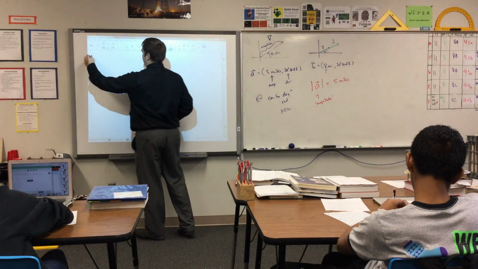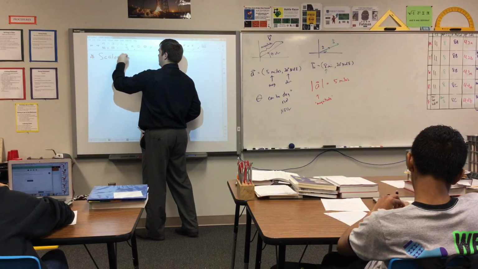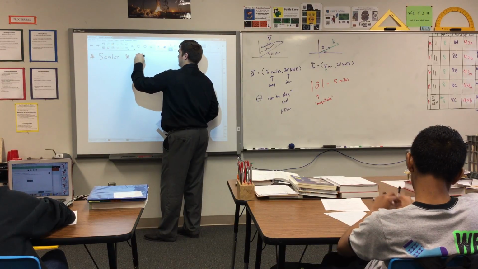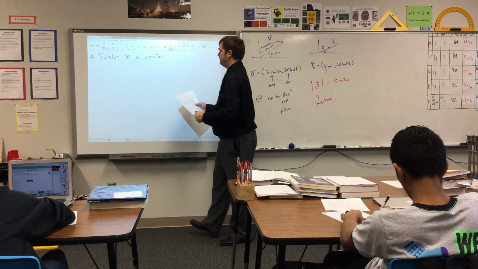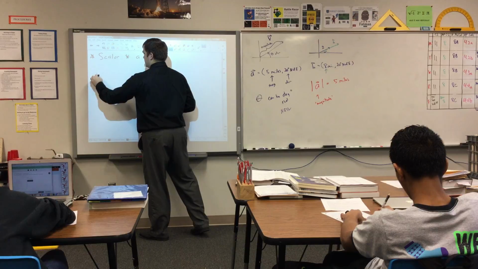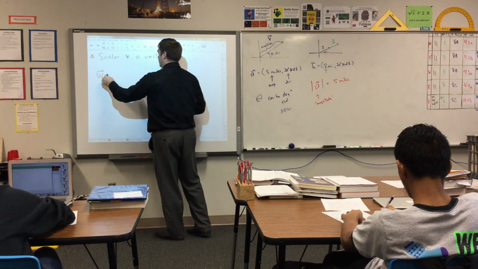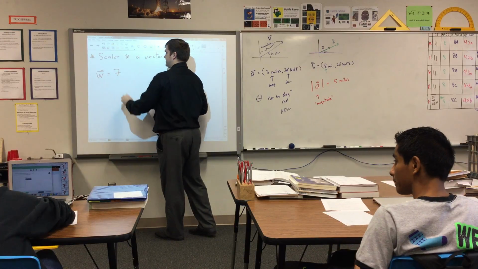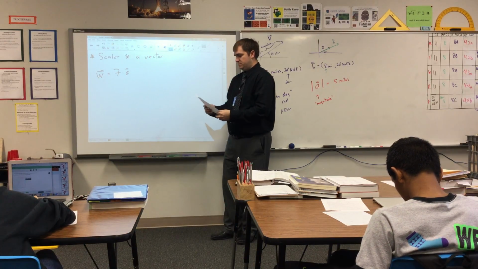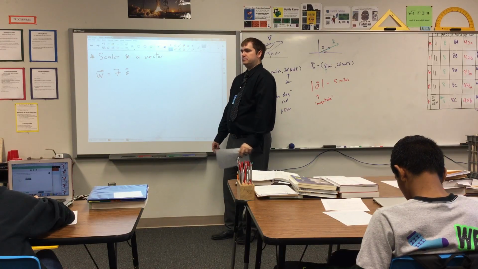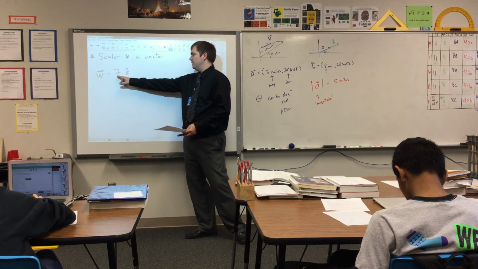All right, let's talk about scalar multiplication, or a scalar times a vector. So let's say I have a new vector, vector W, which is 7 times vector A. Okay?